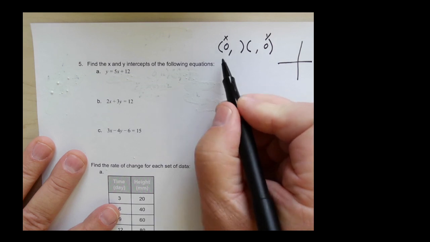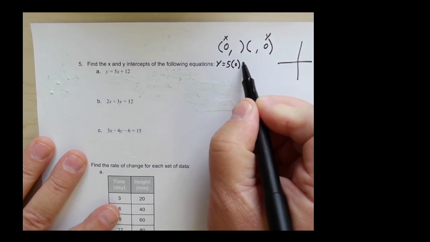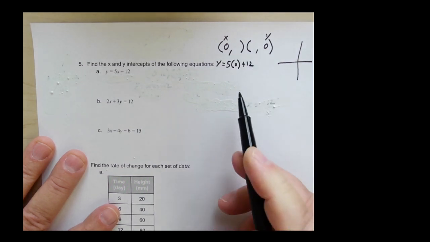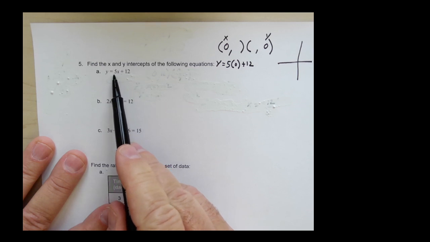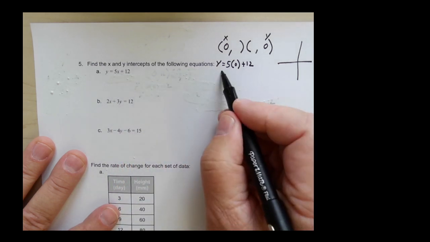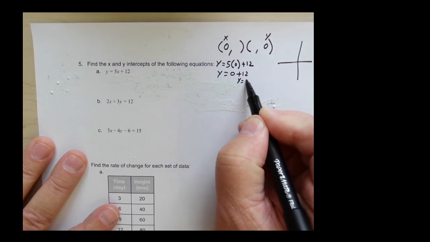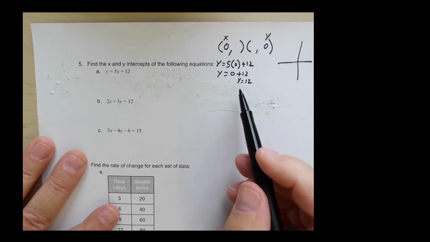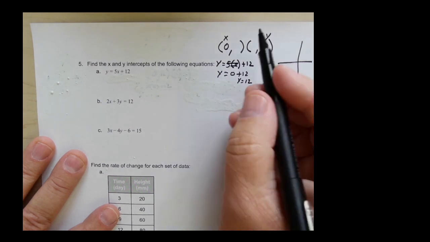X is 0, solve for y. So you're substituting y equals mx plus b, this relationship, you're substituting 0 for x. So y is equal to 12. You're going to realize right away, wherever the 0 is, that's going to 0 out.